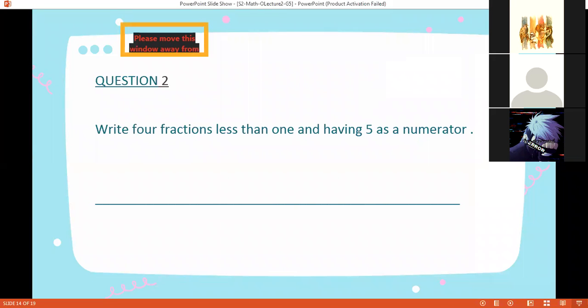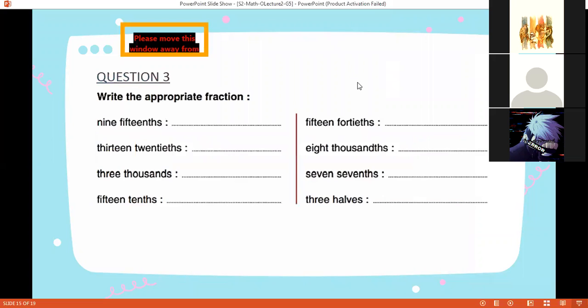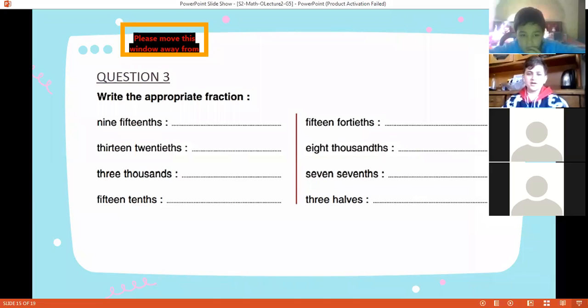We have question number 3. We have already the name of the fraction and you have to give me the fraction. I'm going to start with Lana and Muhammad Bustani.